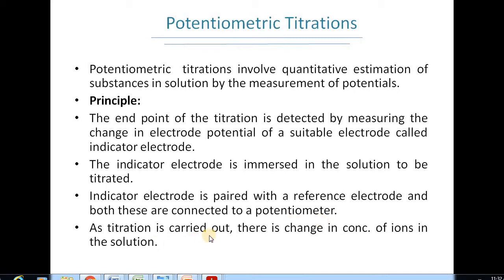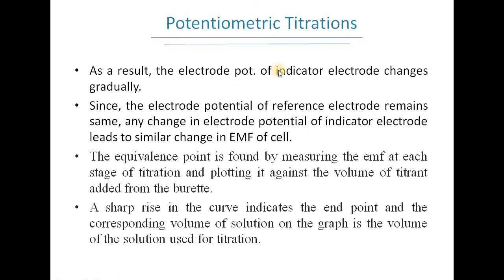Now, as the titration is carried out, there will be a change in the concentration of ions in the solution. As a result, the electrode potential of the indicator electrode will change.